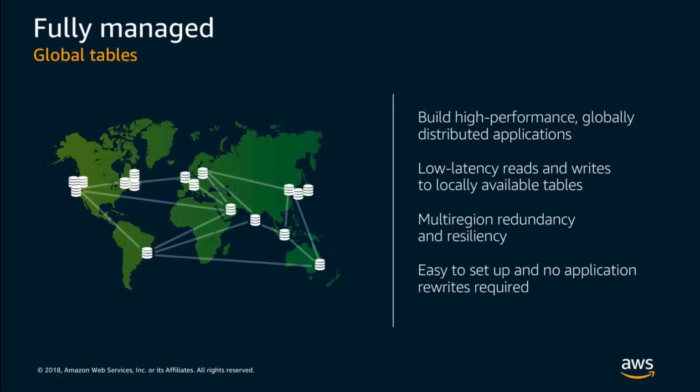Dynamo also has global tables. Now, global tables is a cool feature. We announced it at re:Invent in 2017, and we keep adding new regions. Global tables allows you to reach a consistent state in a table all around the world, wherever this feature is supported. It's a multi-master, fully replicated NoSQL database, completely managed.